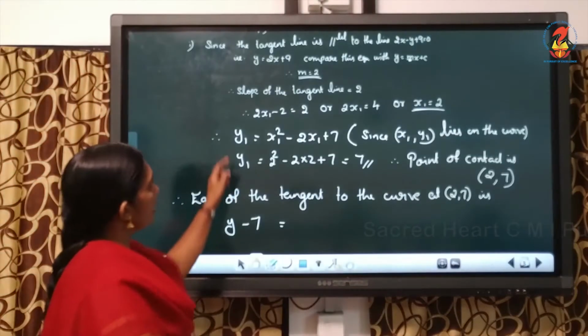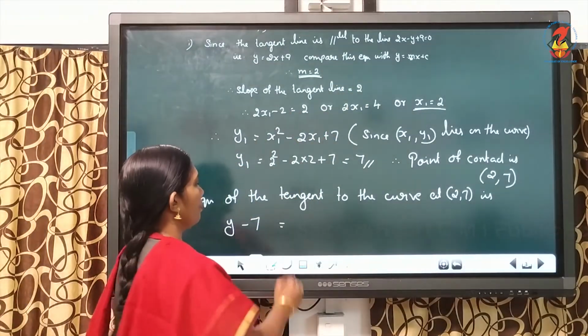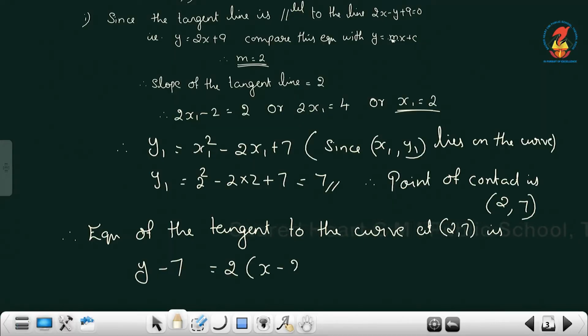What is the slope of the tangent line? 2. So 2 into x minus 2. Now open the bracket. y is equal to 2x minus 4 plus 7, or y is equal to 2x plus 3.